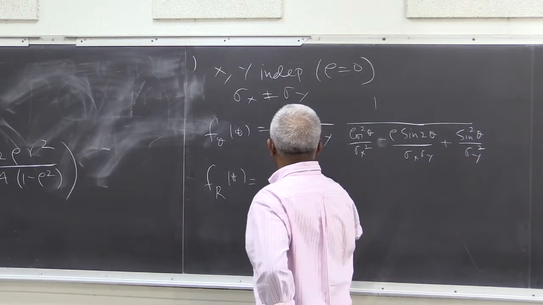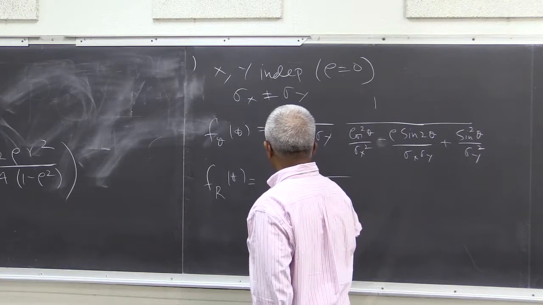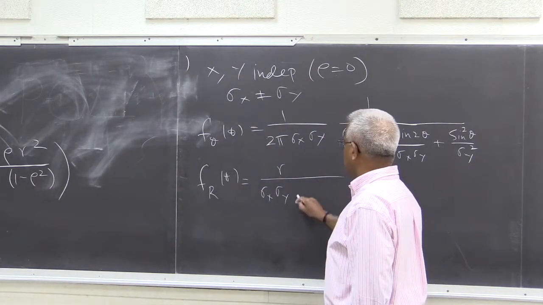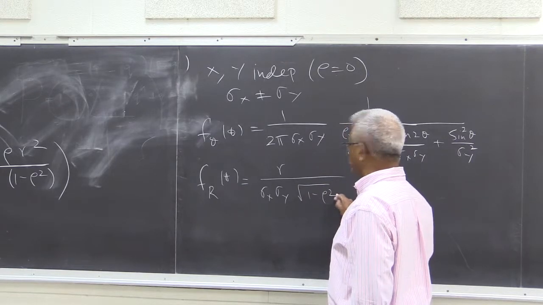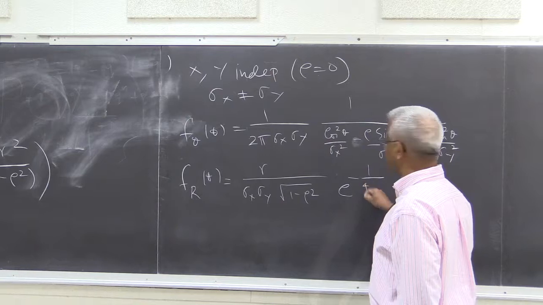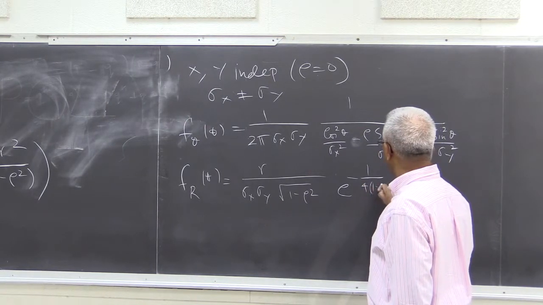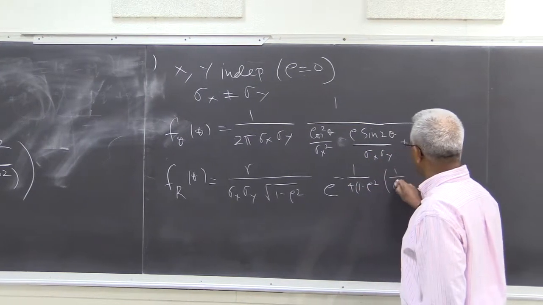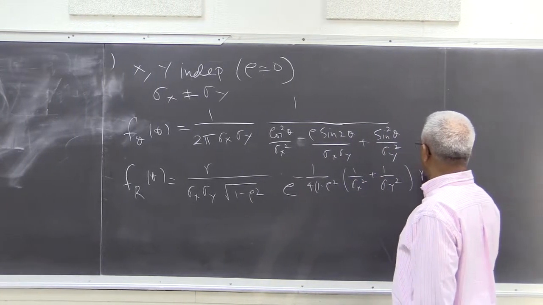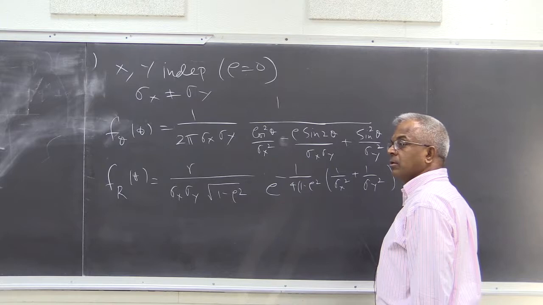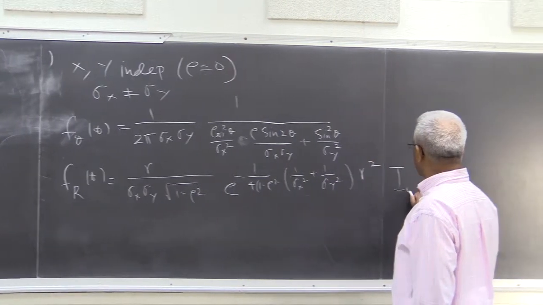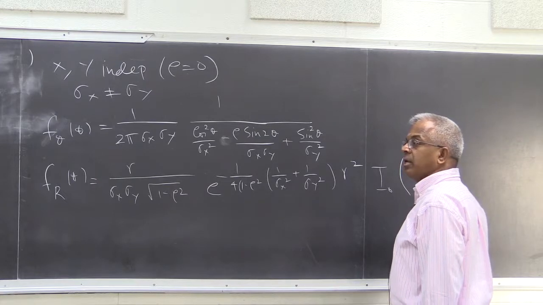So it's r over sigma x sigma y square root of 1 minus rho squared, e raised to minus 1 over 4 (1 minus rho squared), 1 over sigma x squared plus 1 over sigma y squared, multiplied by r squared, followed by this I naught function, I naught of b.